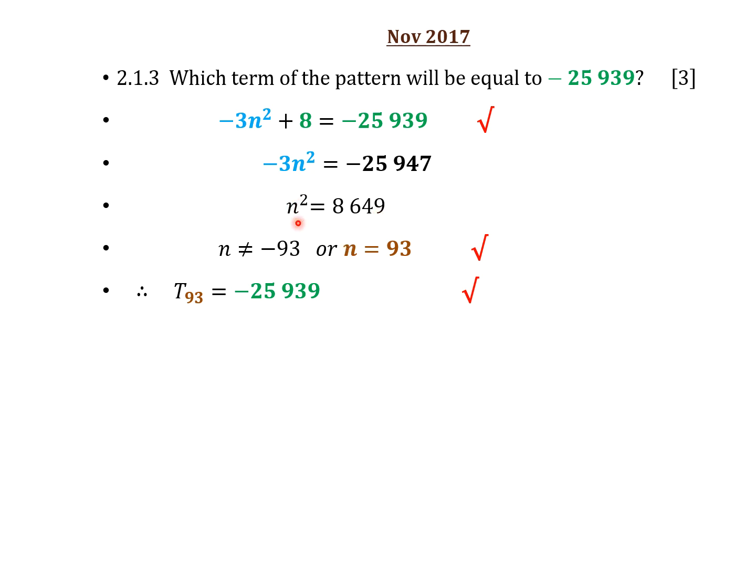Remember, when I find the square root of n squared, I must find plus or minus the square root of 8,649. So n equals negative 93 or n equals 93. N must be an element of the natural numbers, so it can't be negative. So term 93 equals minus 25,939. So 1 mark for n equals 93, another mark for negative 25,939, and then 1 mark for substitution. Right, let's look at the next question.